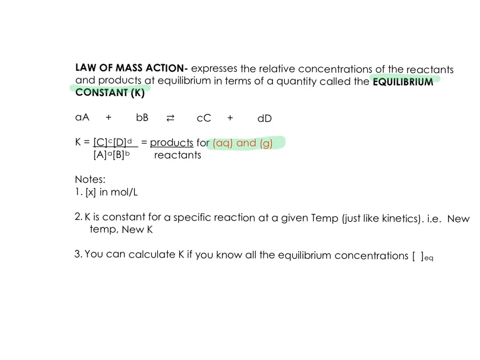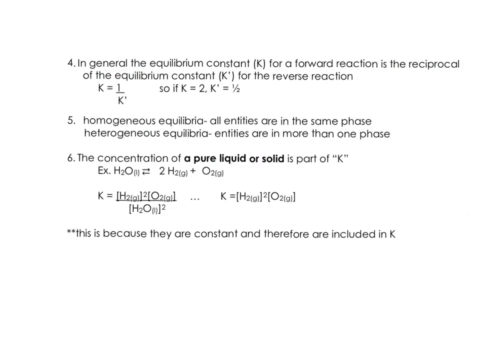You can calculate K if you know all the equilibrium concentrations. In general, the equilibrium constant for the forward reaction is the reciprocal of the constant for the reverse. So if K is 2 for the forward reaction, for the reverse reaction, it's going to be a half.